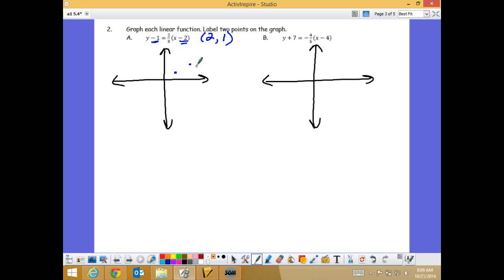Okay, and that is that line. Now, on the worksheet, I ask you to label the x-intercept and the y-intercept.